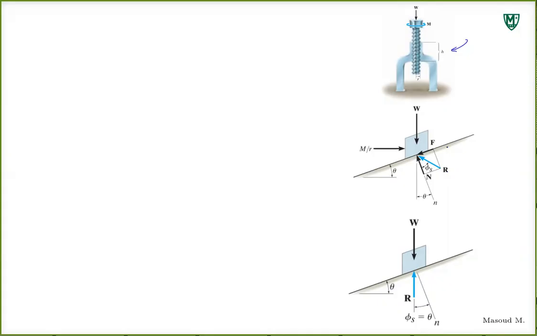We're applying a moment M, initially, and the radius of this screw is R, right here. Now we want to use this and study, or better to say, look into 4 possible cases.